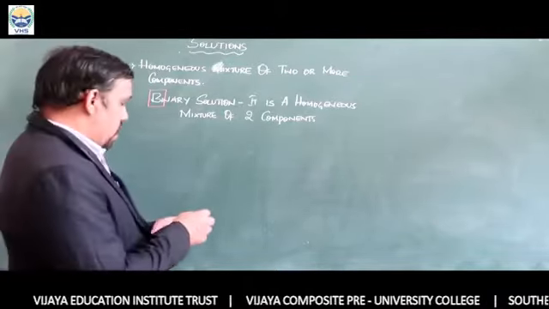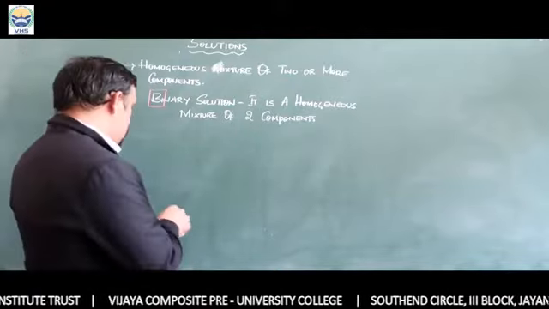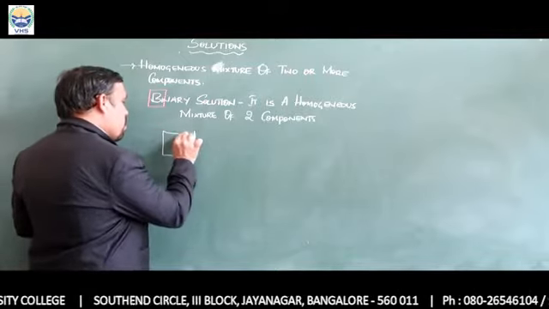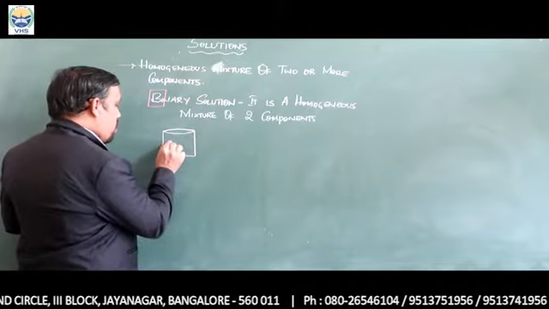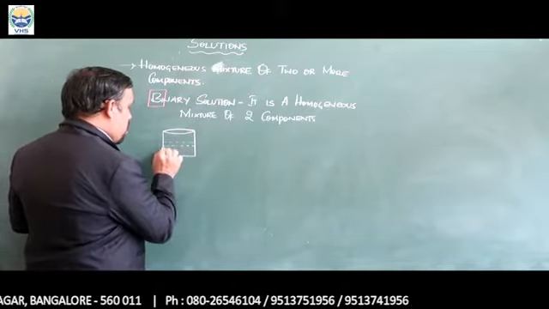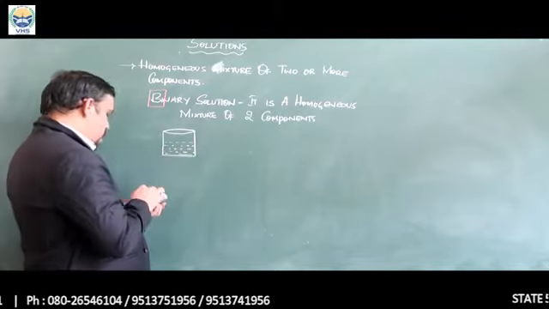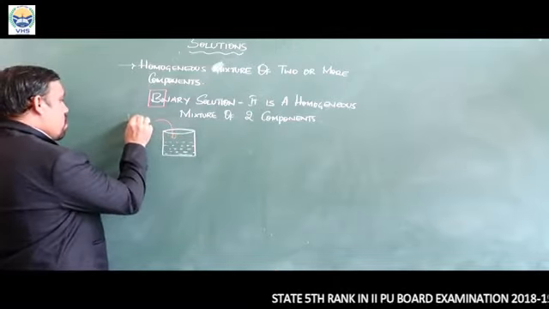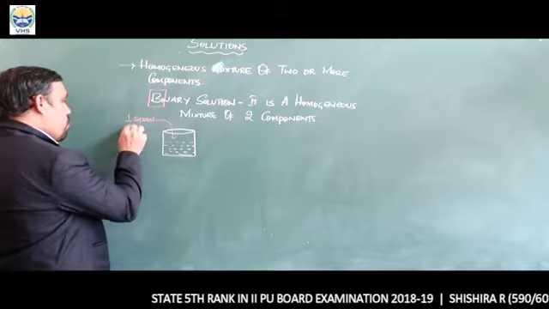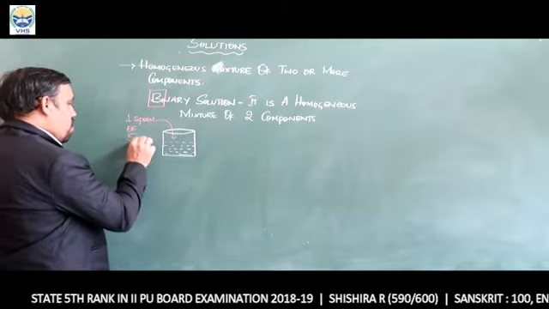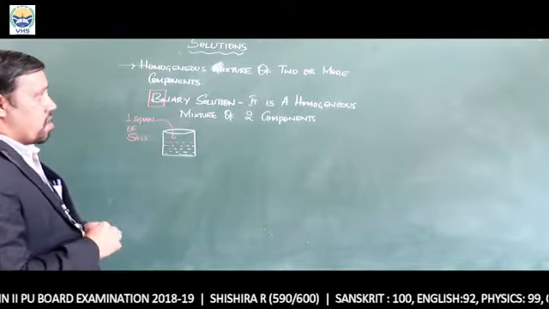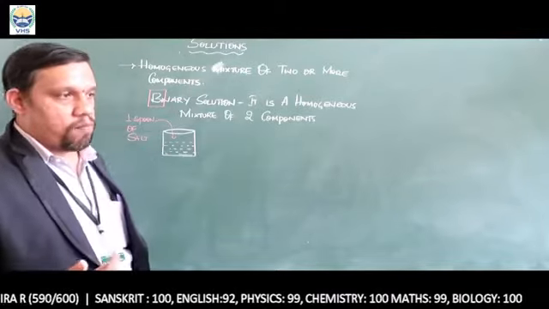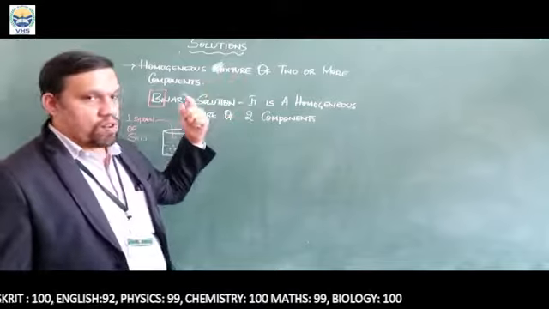Now let us consider a beaker containing water. To this, let us add one spoon of salt. Till now, I have started introducing a term called component. A homogeneous mixture of two or more components.